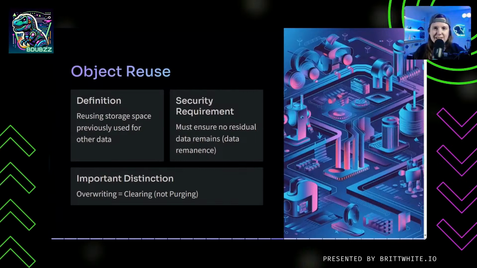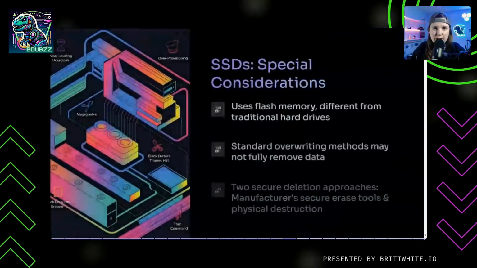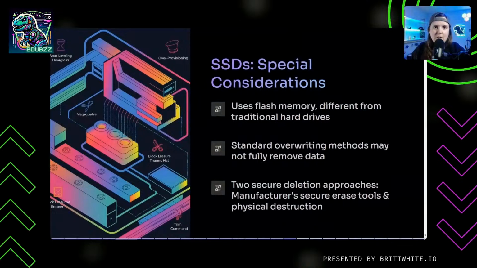But here's an important distinction for the exam. When we overwrite data, even multiple times, this is considered clearing the data, not purging it. So remember, object reuse involves overwriting data to clear it for new use, and overwriting is just a form of clearing. Now there's a special challenge we have with solid-state drives. These are different from traditional hard drives in an important way.